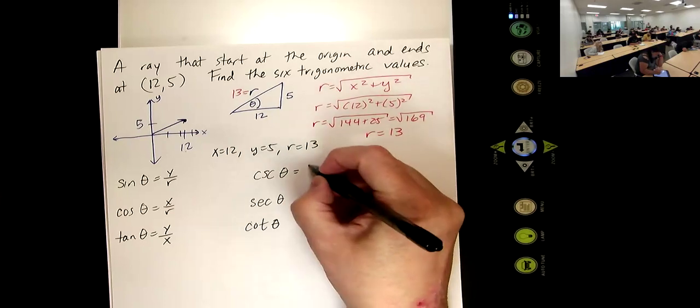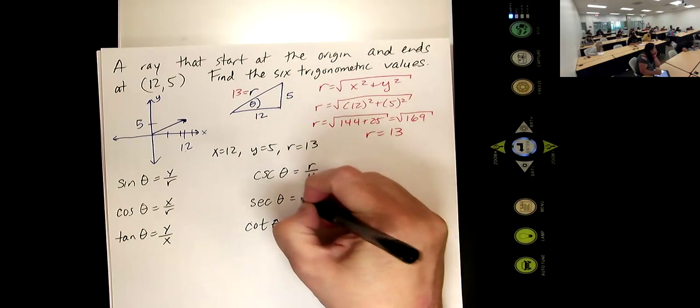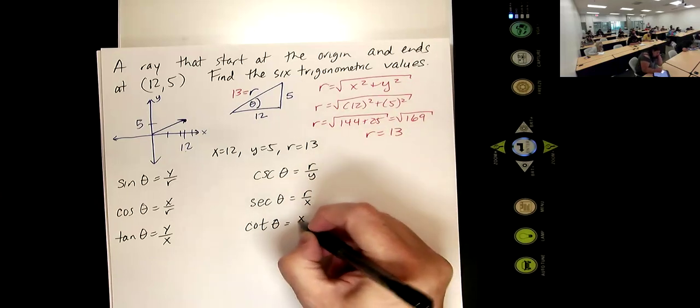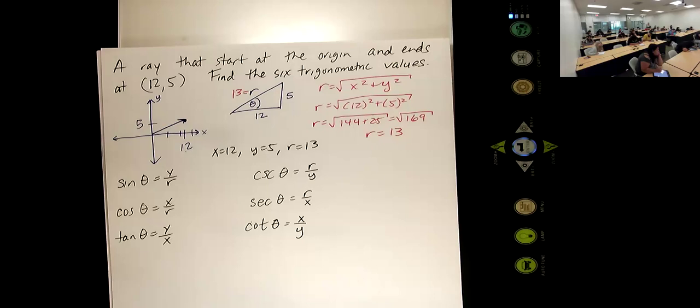In fact, you probably should until you have them memorized. Now, I'll be honest, I only have the 3 on the left memorized. I remember y over r, x over r, and y over x, because I know how to flip things. So I don't need to memorize r over y or r over x, I can just go to the other one and flip it. But if you like memorizing everything, enjoy.